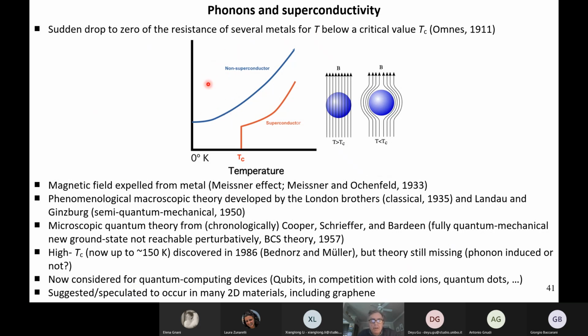But what I want to do is explain what superconductivity is, conventional superconductivity. By conventional, I mean the BCS theory, the Bardeen-Cooper-Schrieffer theory, because it's mediated mainly by phonons. And we just saw the electron-phonon coupling.